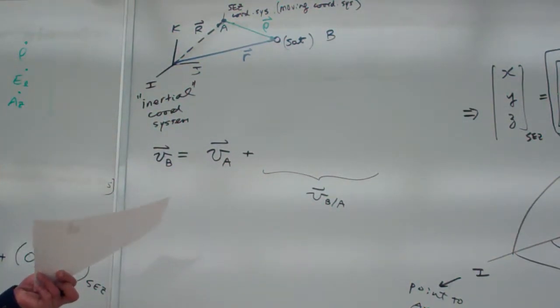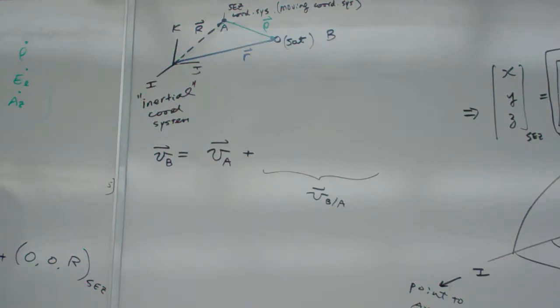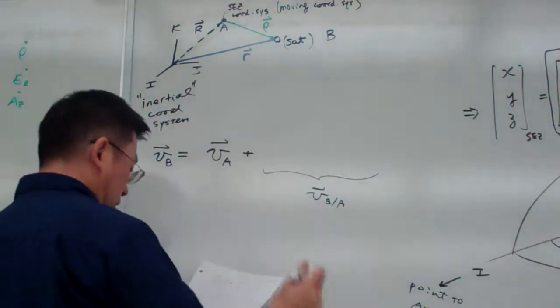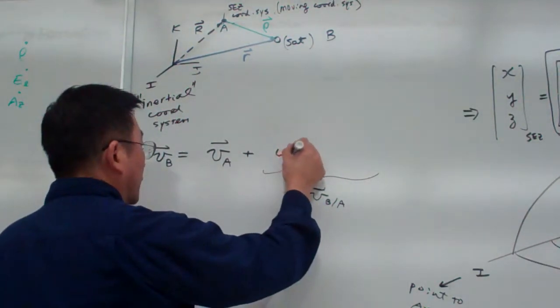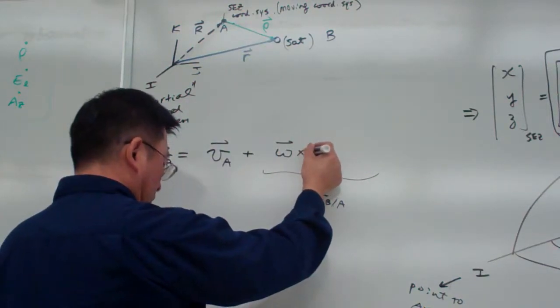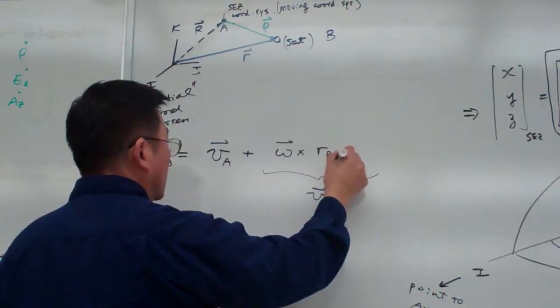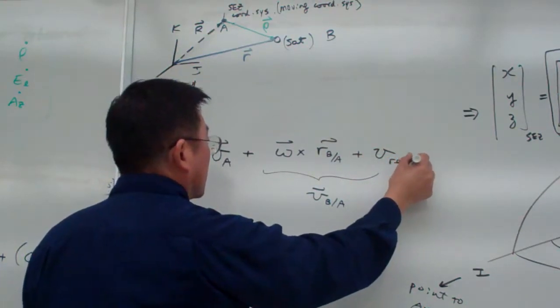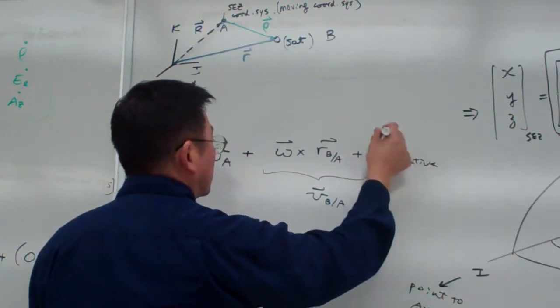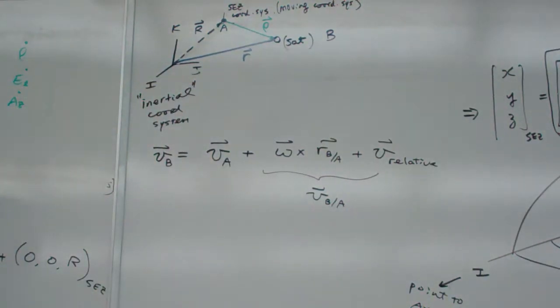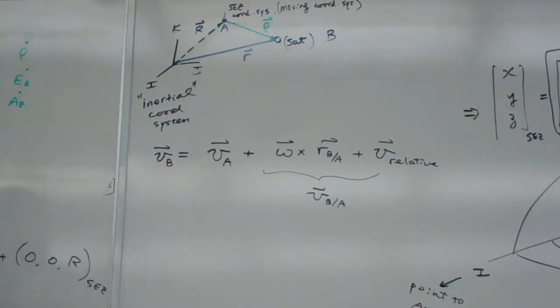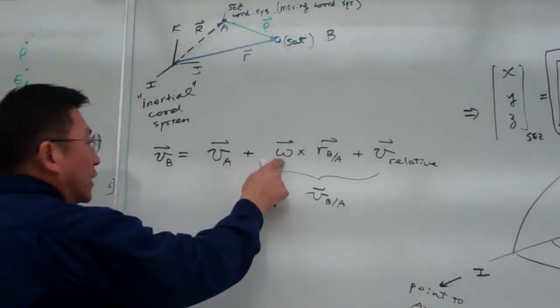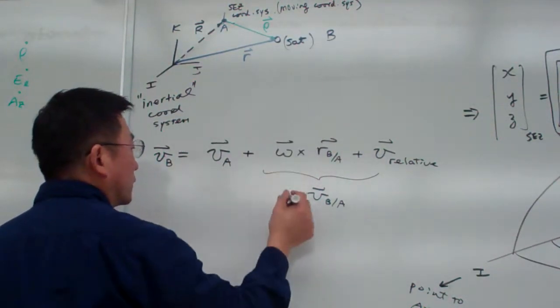Regarding the moving frame, it has translation and rotation. Basically, this term can be rewritten as omega multiplied with R of B over A, plus V relative. That is the fundamental equation. Omega is the rotation of the moving frame.